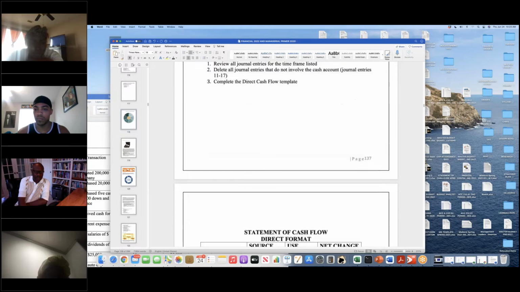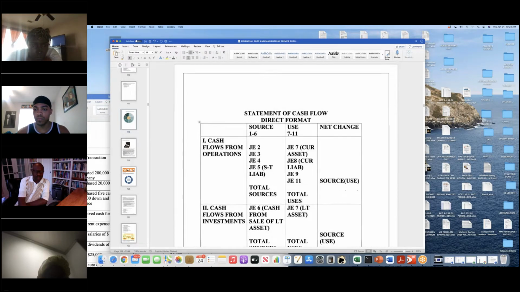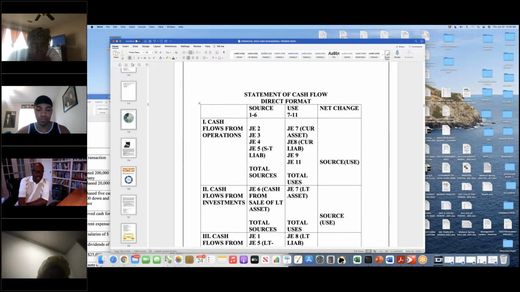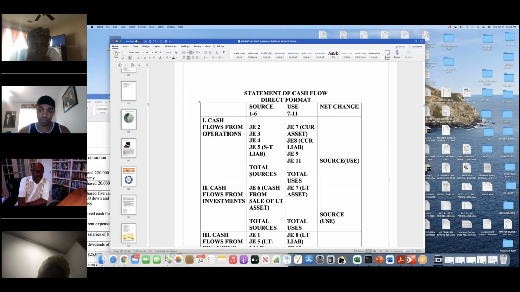Okay. And what I told you was that for part 1, cash flows from operations, we're looking at sources of cash and uses of cash.